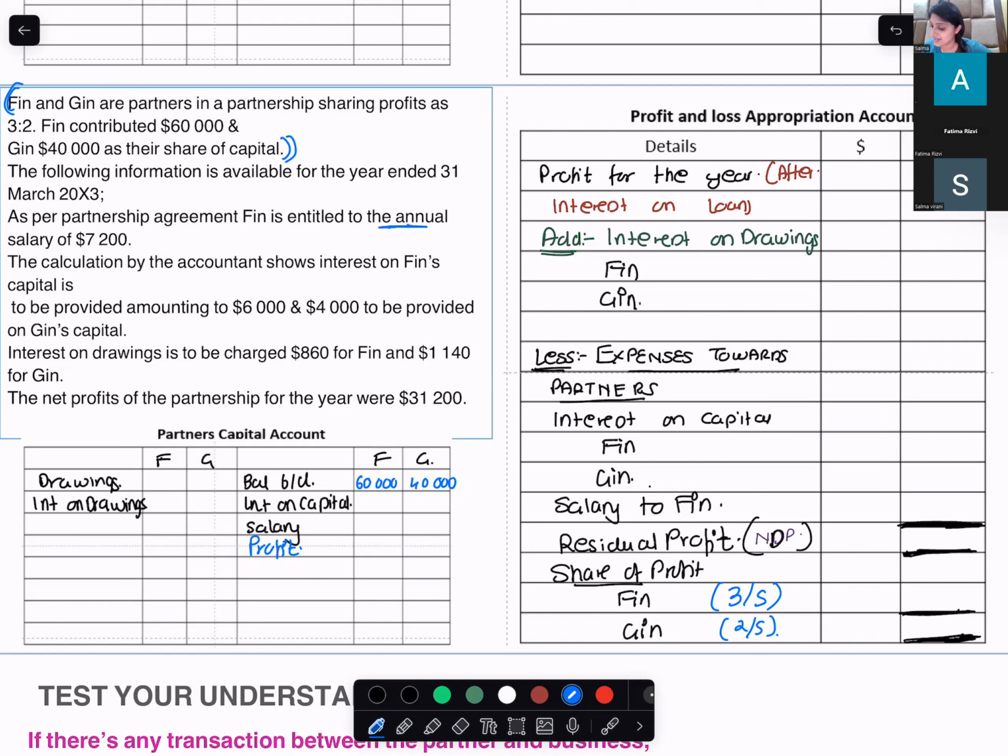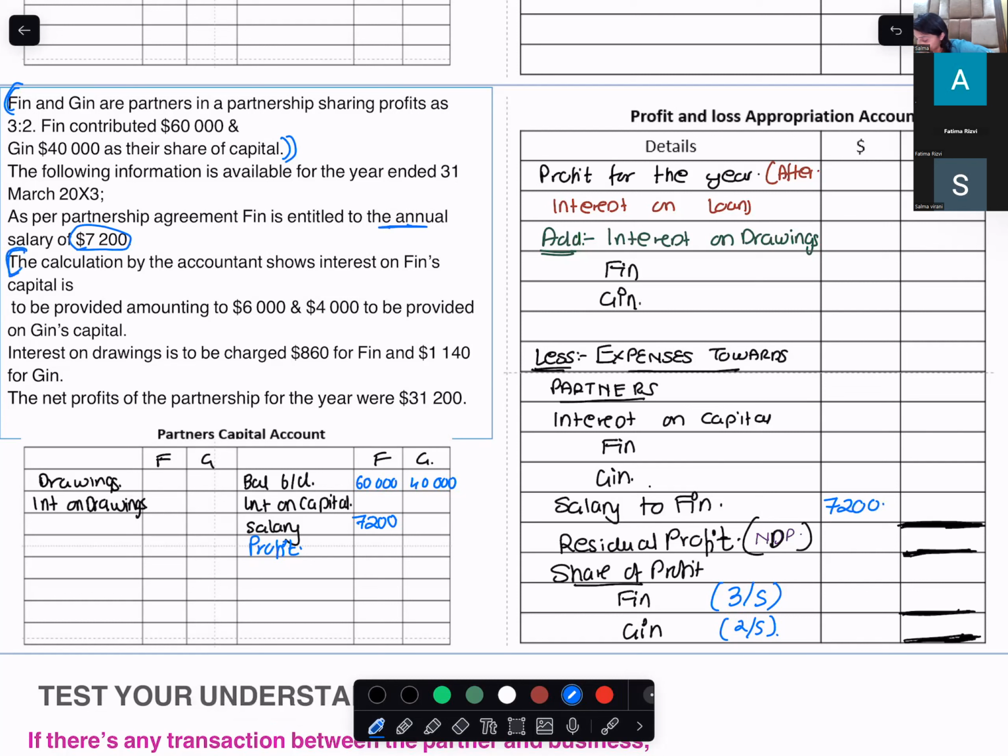No, this is annual salary, right? That means this is just for the entire year. So Finn will get how much? 7,200. 7,200 salary. Both of you are here with me? Yes, miss. Okay, fine.